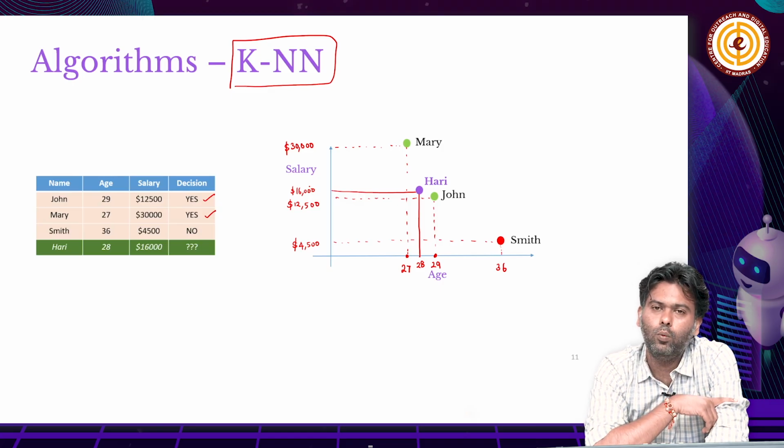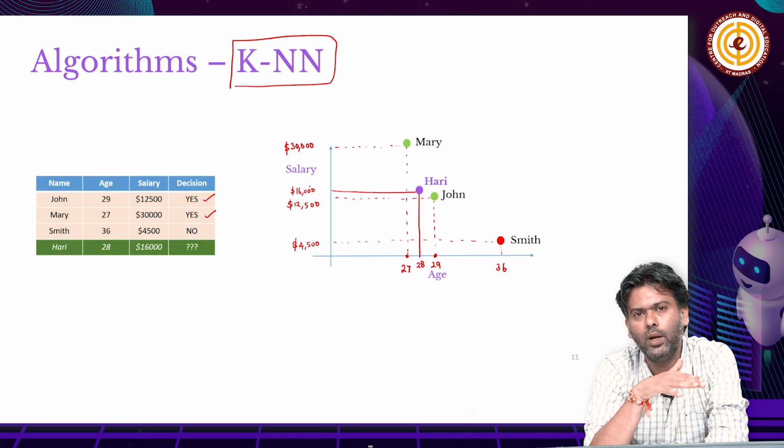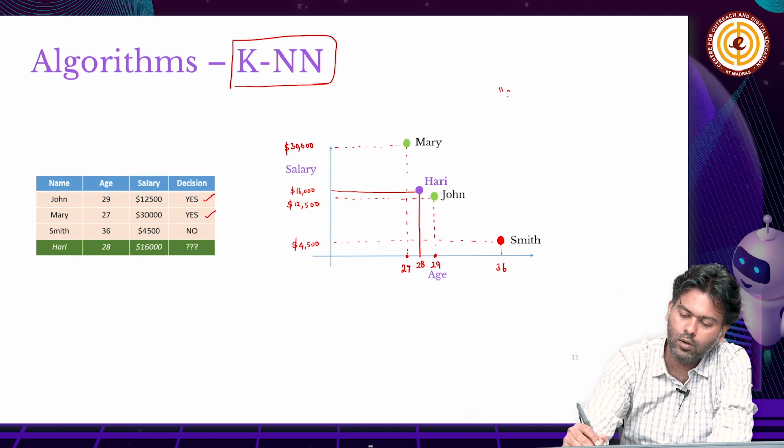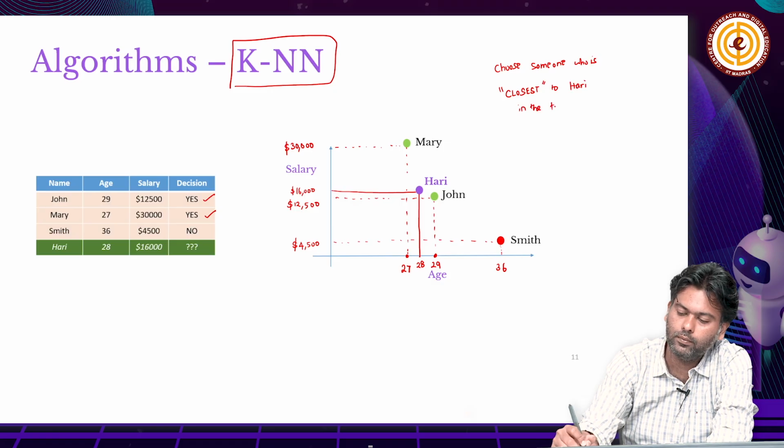Well, one natural thing to do is to choose somebody who is closest, and I am going to put this in quotes. Choose someone who is closest to Hari in the training data.